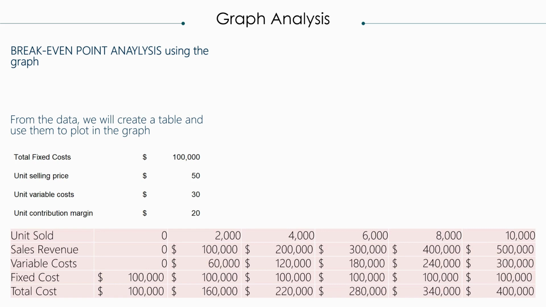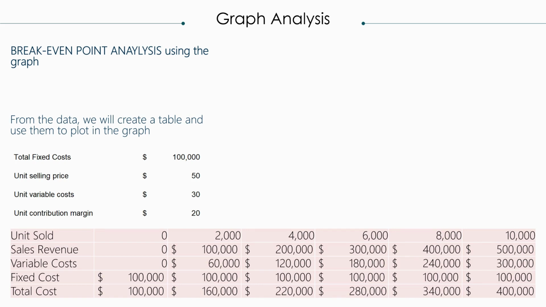If 0 units sold, of course we don't have sales revenue. And if 2,000 units sold, multiply it by 50, so that equals 100,000. The third column is 4,000 units sold times 50, which is 200,000, and so forth.